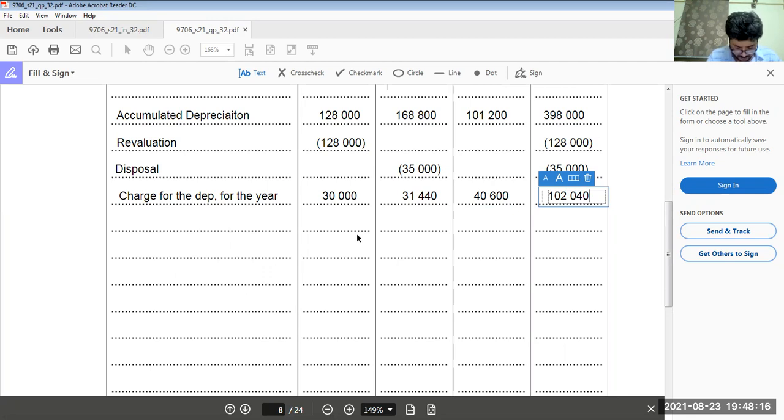Okay. Now, the ending provision. Total accumulated depreciation over here. This must be 30,000.